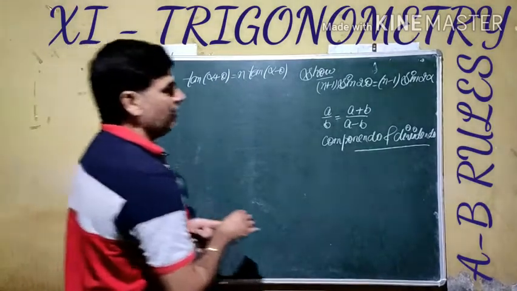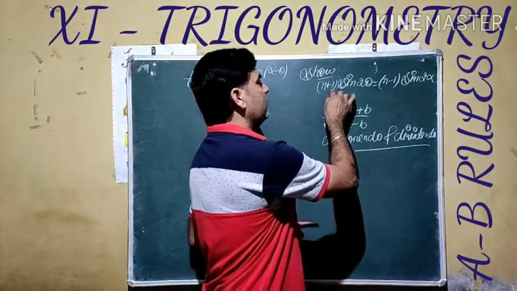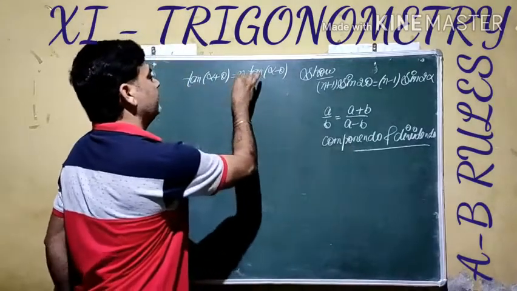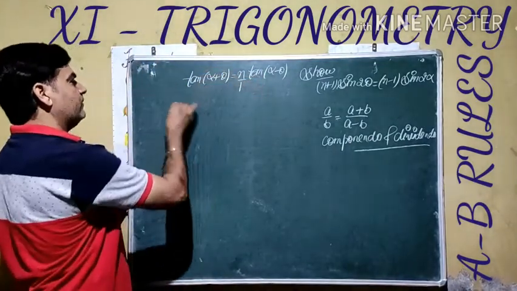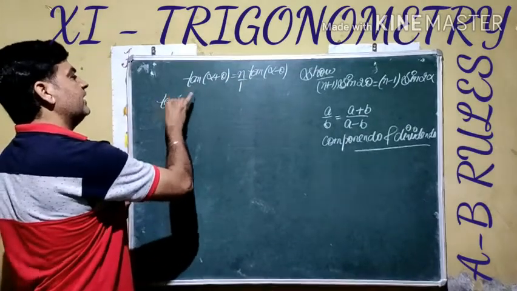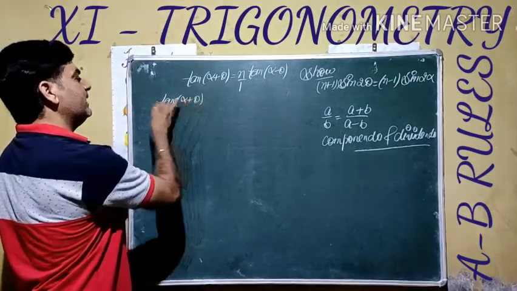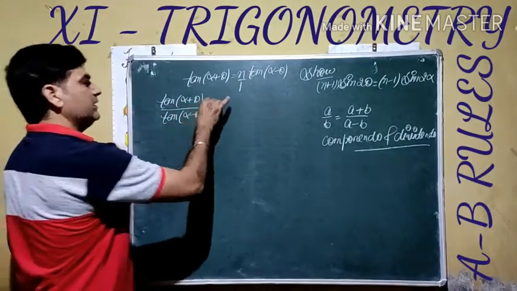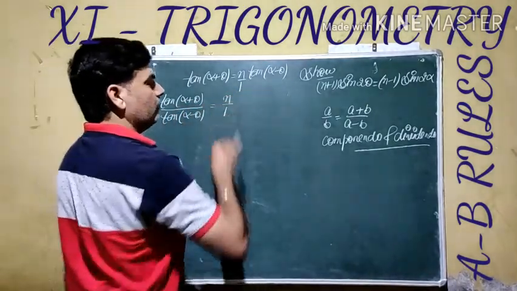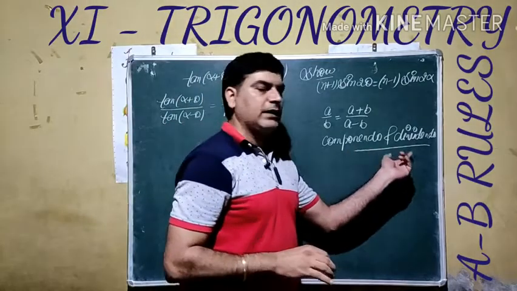First of all, our requirement is n with constant 1. There is no constant, but we can write n by 1. 1 comes out as the constant. Getting the tangent function on the left hand side, we get tan(alpha plus theta) divided by tan(alpha minus theta) is equal to n by 1. Now we are going to apply componendo and dividendo.